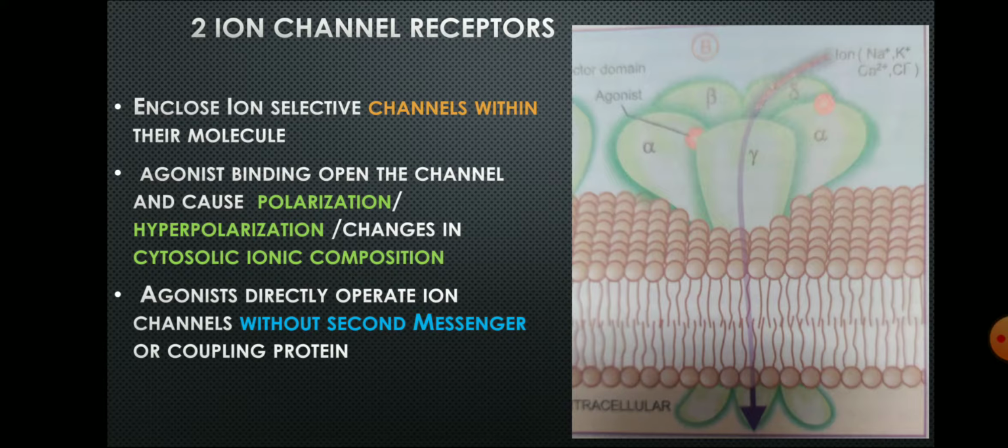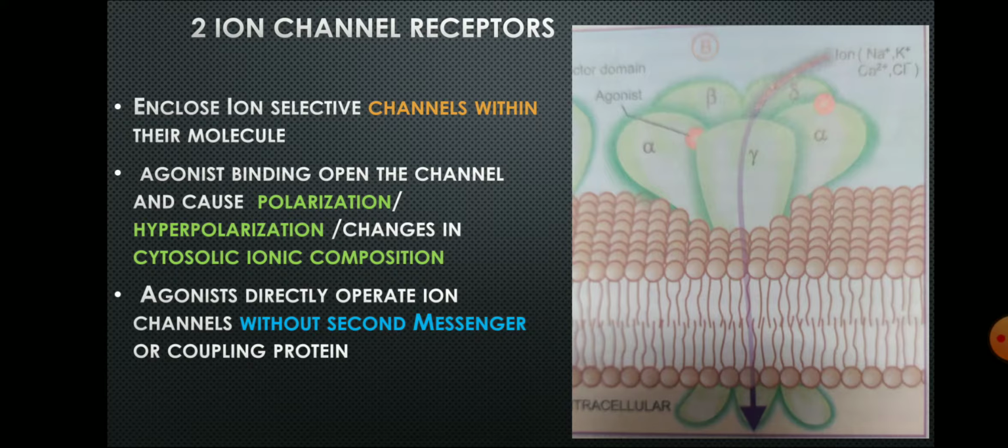Ion channel receptors. These enclose ion selective channels within their molecule. See this figure, a receptor is displayed here, right? So this is a receptor, and within its molecule it encloses an ion selective channel through which ions can pass.